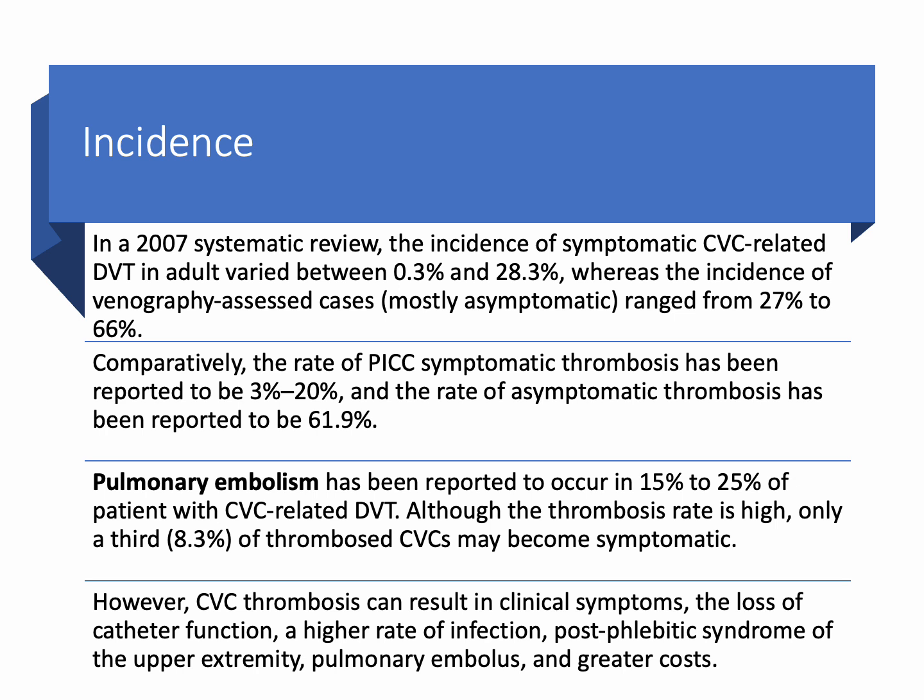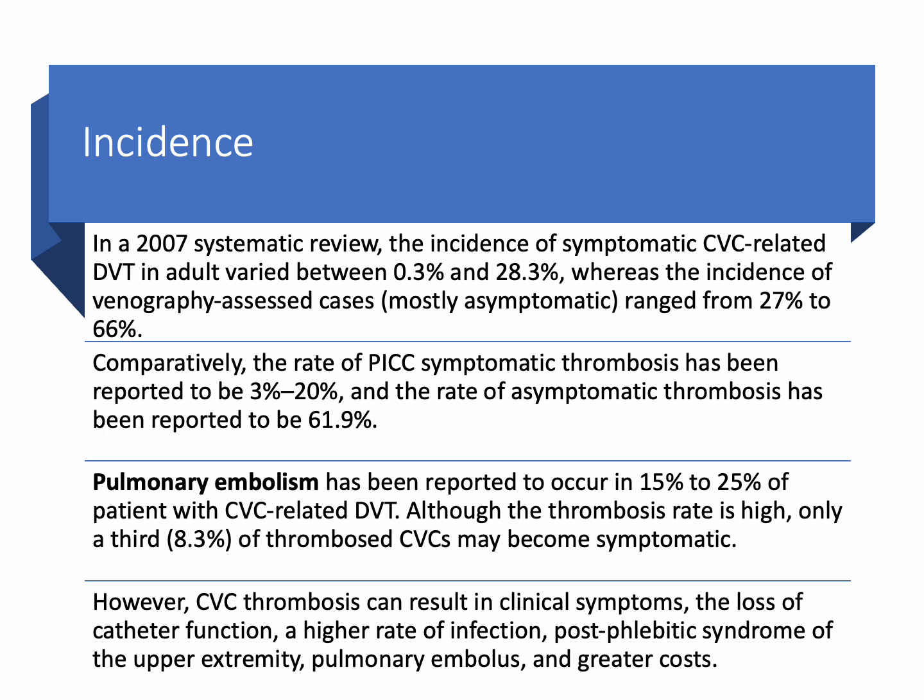When we compare the rate of PICC symptomatic thrombosis, a lot of the rates have been reported anywhere from 3 to 20%, whereas asymptomatic thrombosis has been reported as high as 62, and in some more recent literature as high as 65%.